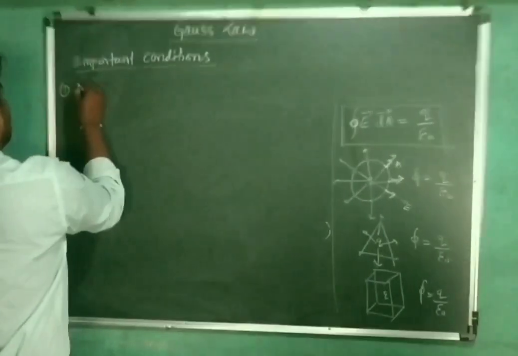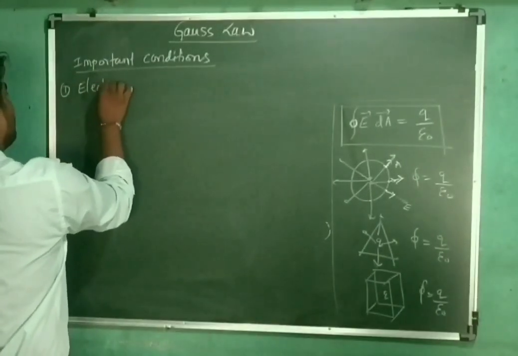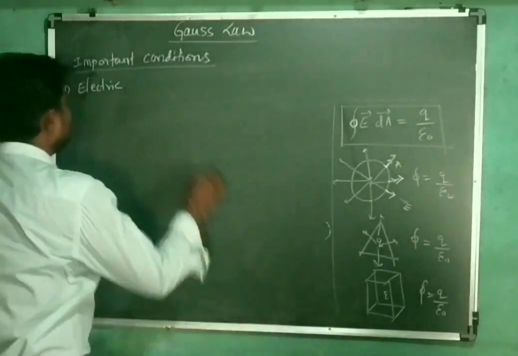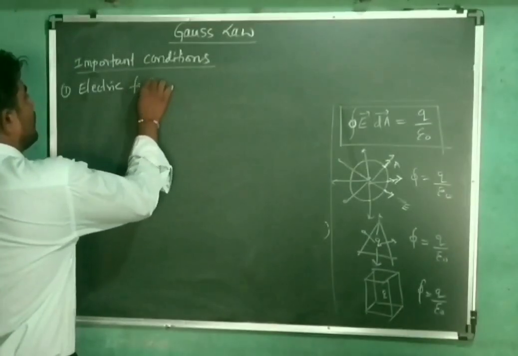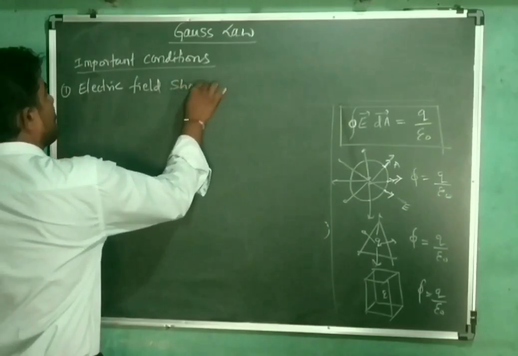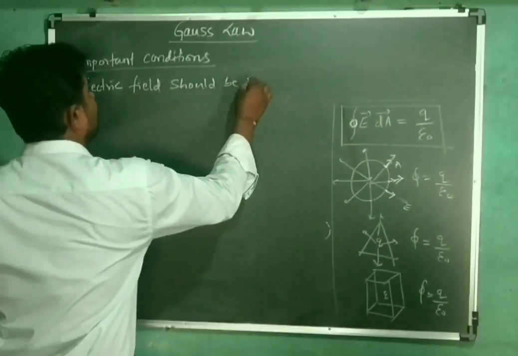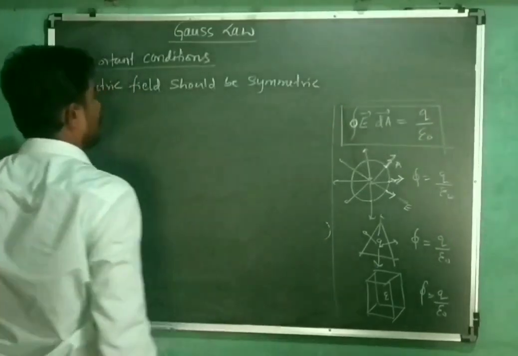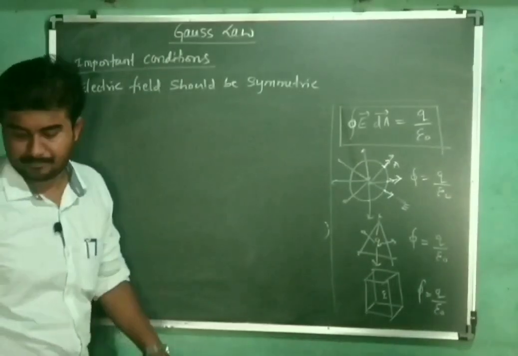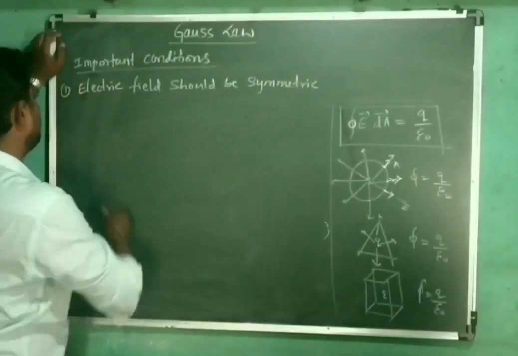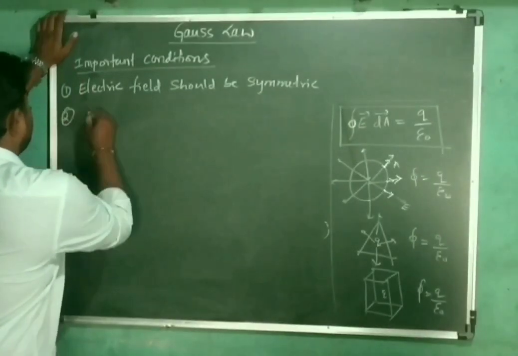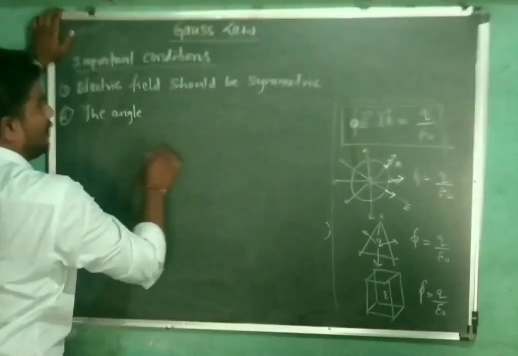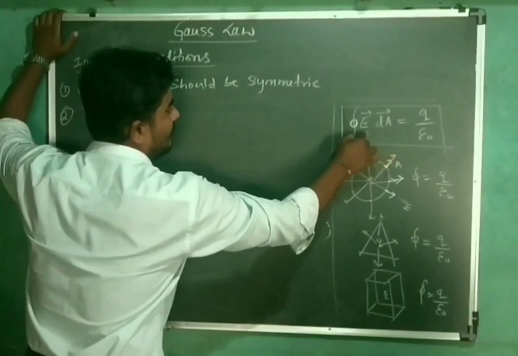First point, electric field. See here, this Gauss law contains E and dA. Therefore, electric field should be symmetric. Symmetric means it has to be the same, or it has to be constant. Second one, the angle between, because here E dA is in vector form actually.